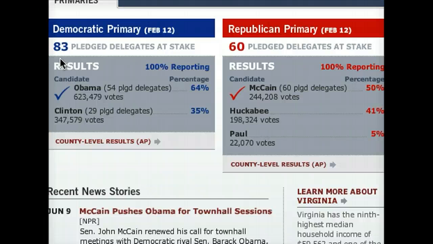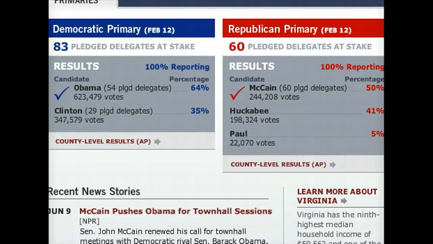So in our Democratic primary, Obama and Clinton were trying to get 83 pledged delegates. Obama won 64% of our primary election votes. So he got 64% of our 83 delegates, which ended up being 54 pledged delegates.